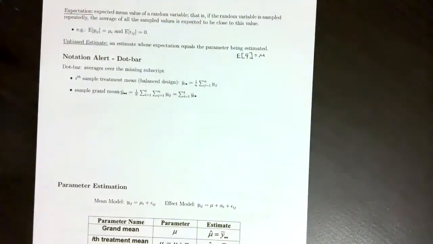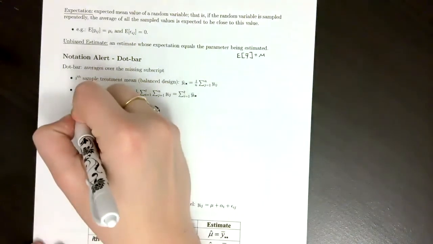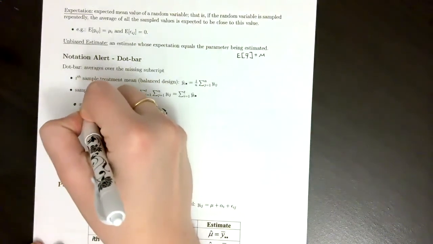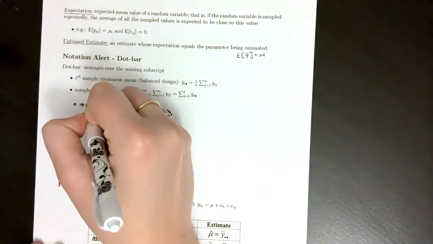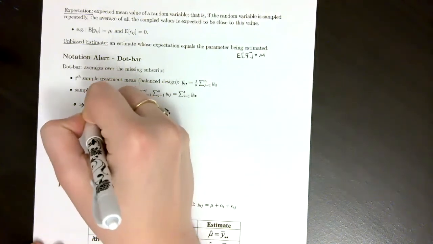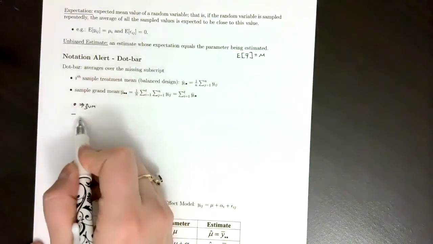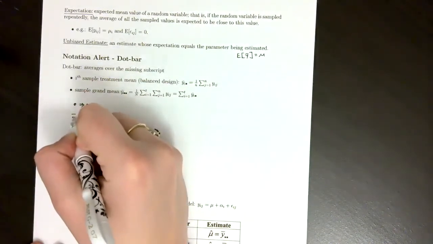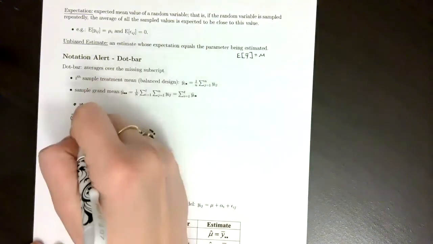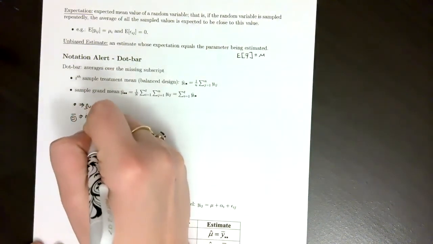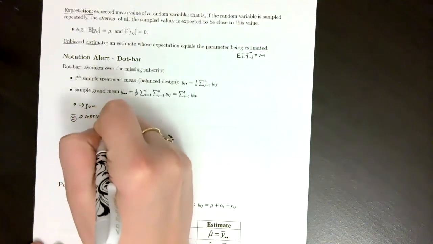This is called the dot bar notation, where it's going to average over the missing subscript. So let's be a little bit more specific. The dot is going to imply summing, and the bar, that's not a minus sign, that's going to be a bar. Pretend there's some variable, we'll make it smiley face variable, implies average.